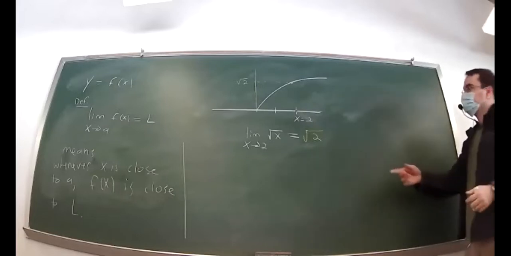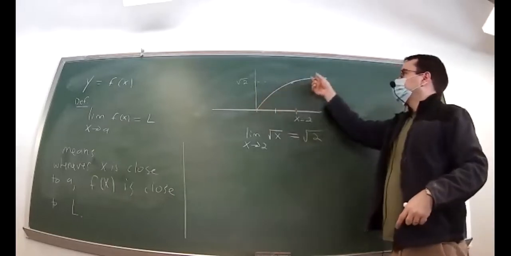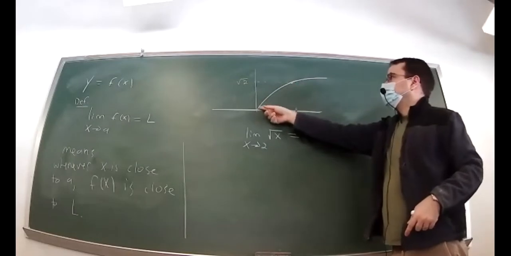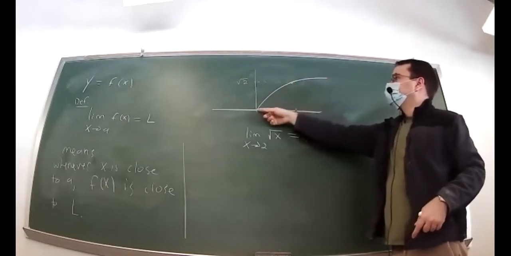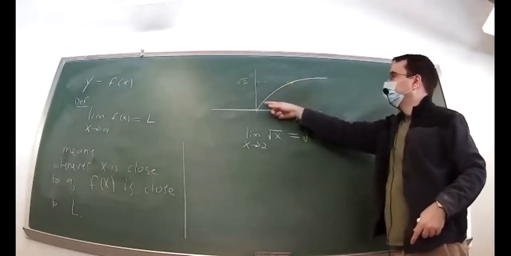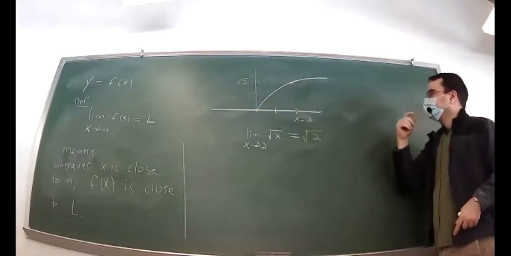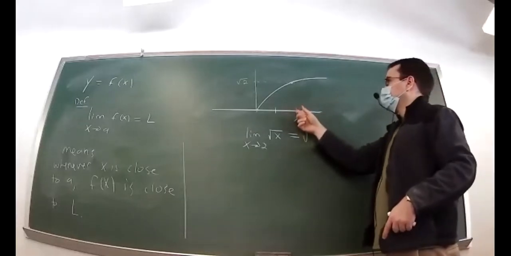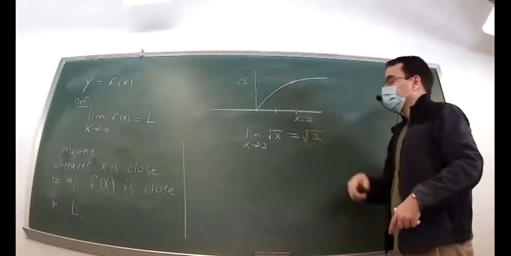If you draw this graph, that's obviously what we're going to learn is continuous. You can draw the graph without picking up your pencil. There's no breaks. There's no issues. Of course, as x gets closer to 2, the y values will get closer to the square root of 2.